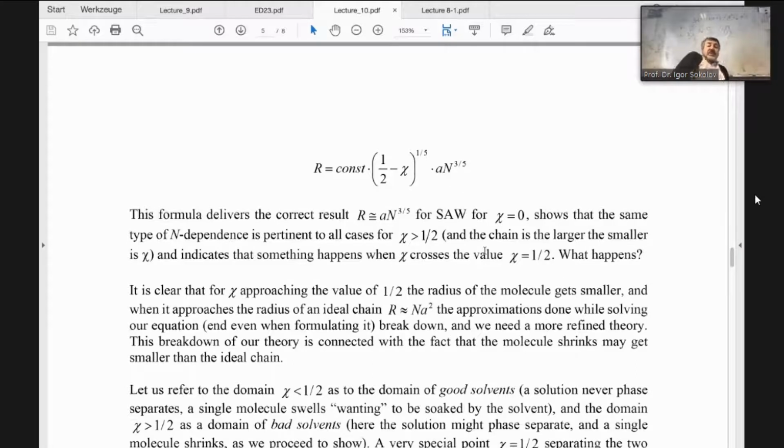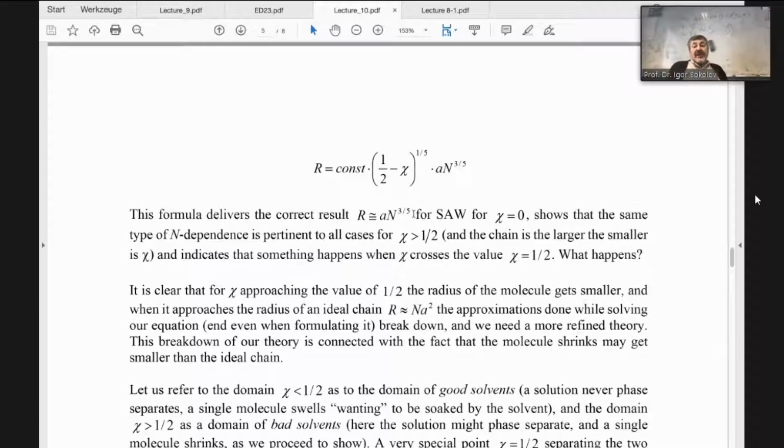So what do I see here is the following. If I look at phi below 1/2, if this is positive, then I get the dependence r going as n to the power of 3/5.